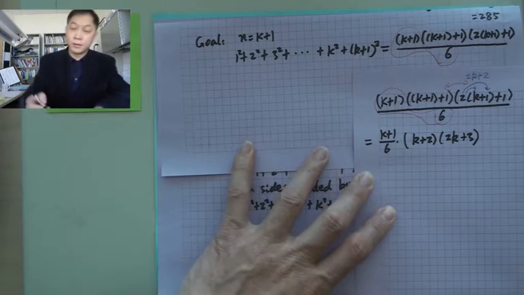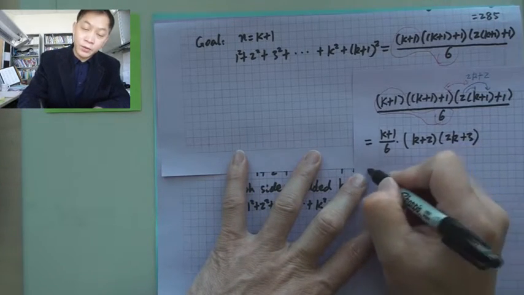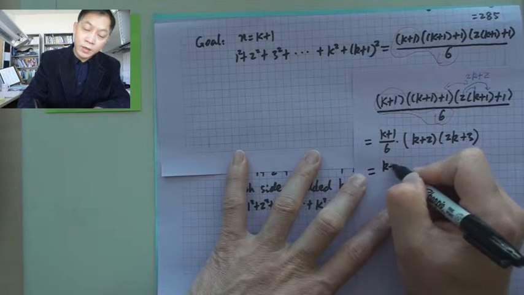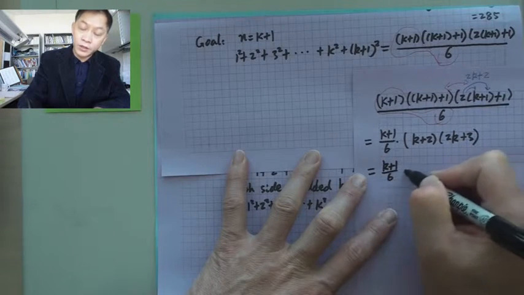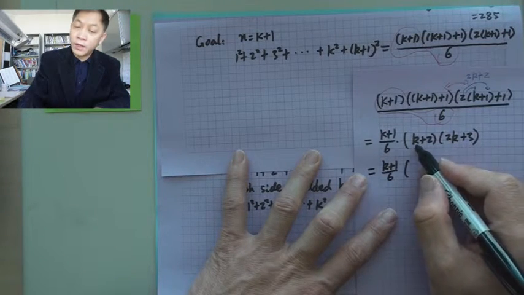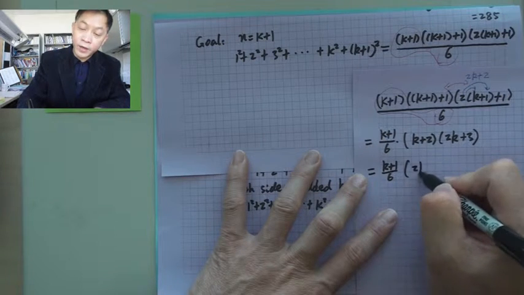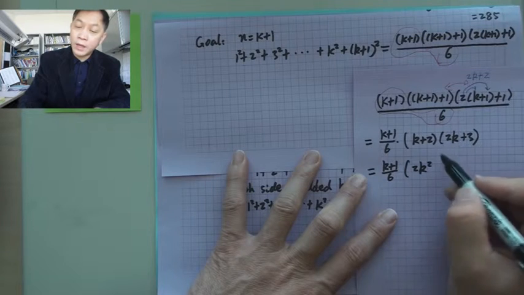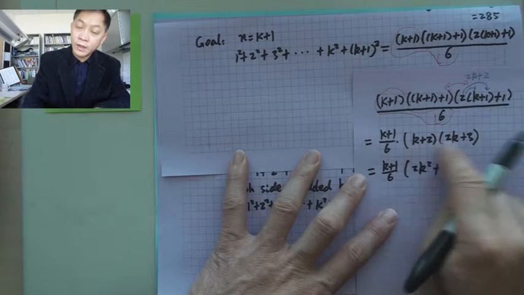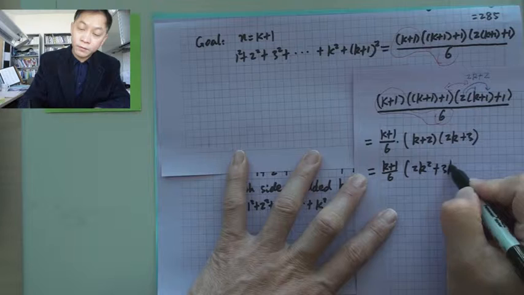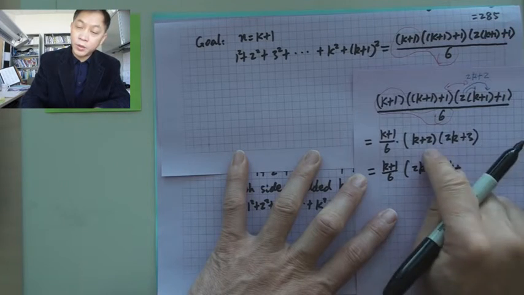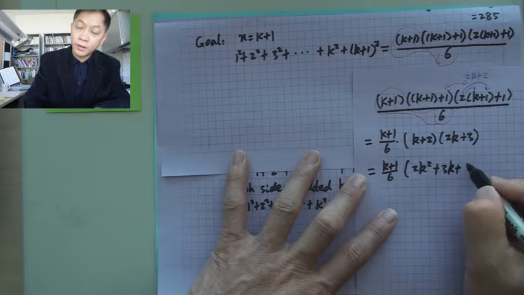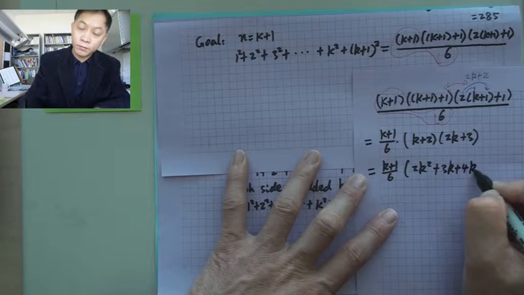Alright. Now, you FOIL this out to see what's going to happen. k plus 1 over 6. FOIL: k times 2k is 2k squared. And then the outer product is k times 3, which is 3k. The inner product is 2 times 2k, so it's 4k.